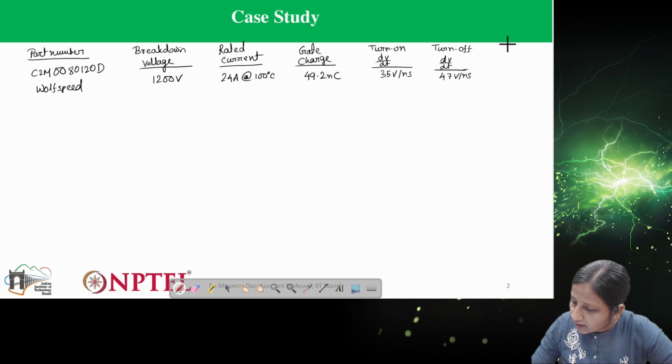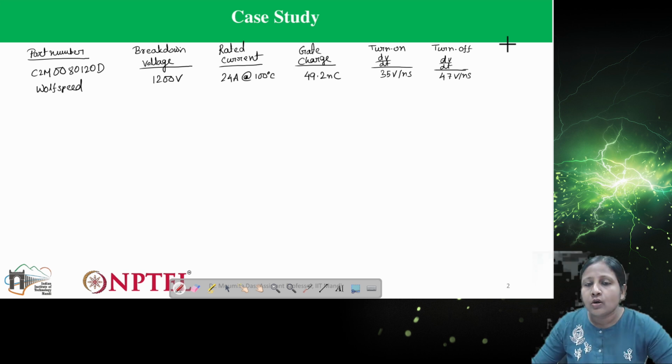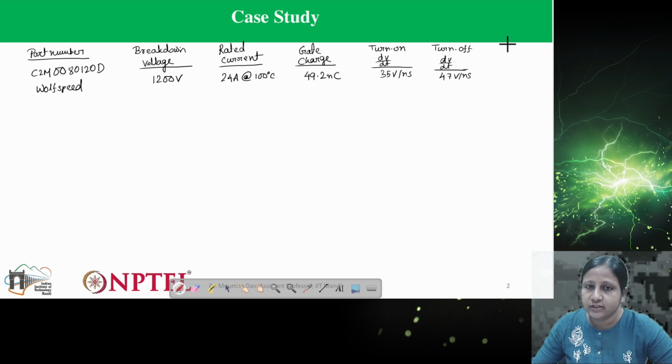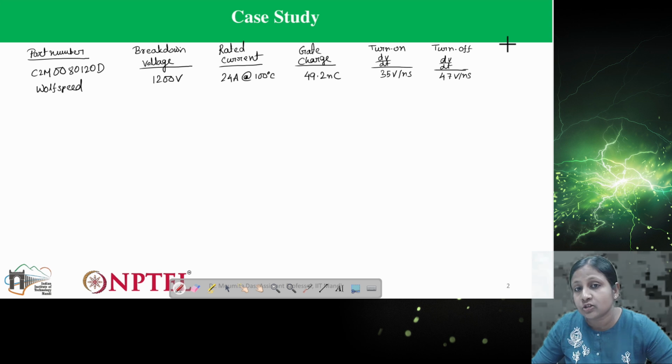Another important thing is the required voltage. If only one voltage is needed, we can give that, but sometimes two different voltage levels are required. During turn off, silicon carbide and gallium nitride need a negative voltage. That is also very important for designing the gate drive.